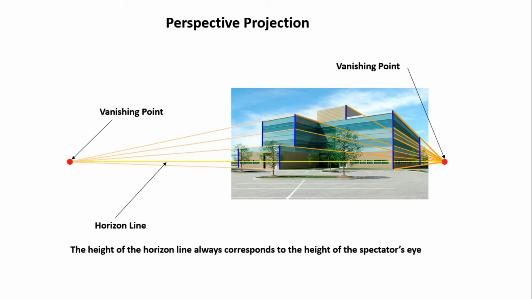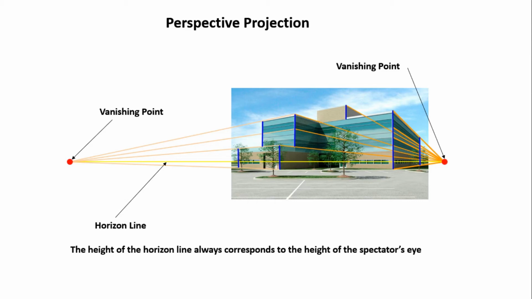The height of the horizon line always corresponds to the height of the spectator's eye. The second condition is that the height of the vanishing point from the ground will be equal to the height of the eye of the person who is watching it, the spectator's eye.